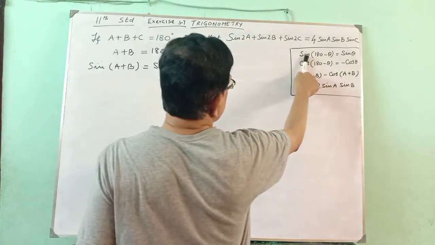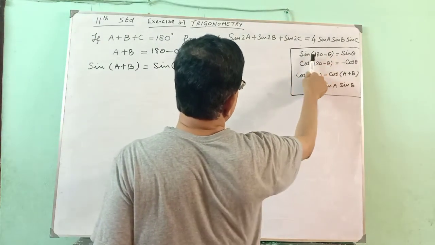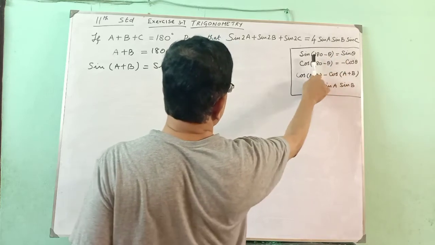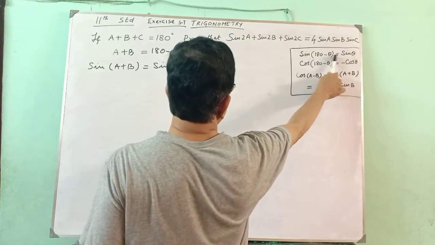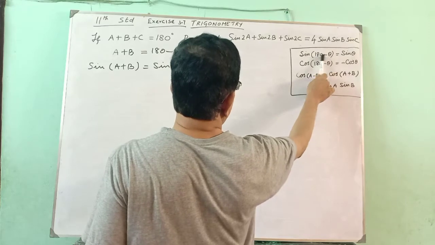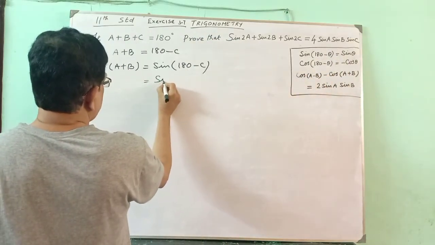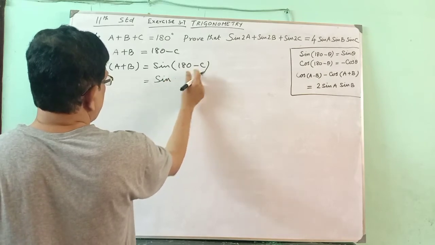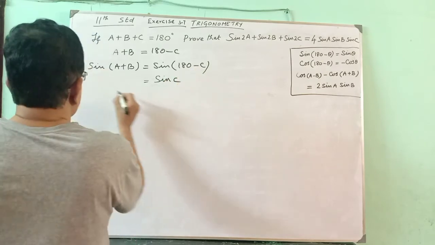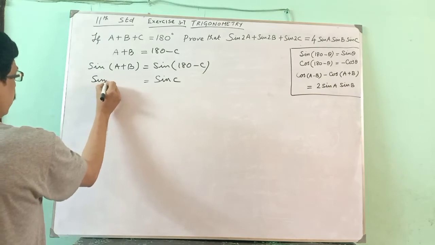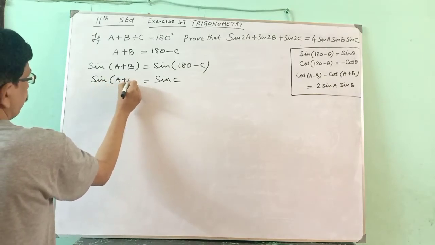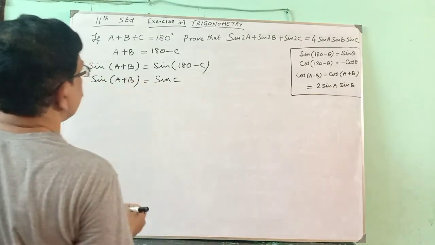This is the sin(180 minus theta) form. Sin(180 minus theta) is equal to sin theta, so sin(180 minus C) is equal to sin C. Therefore sin(A plus B) is equal to sin C.